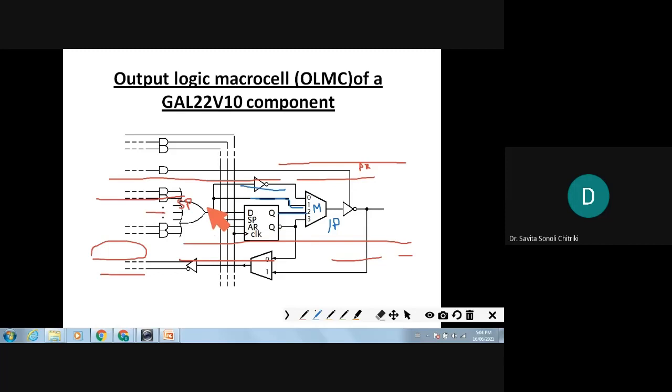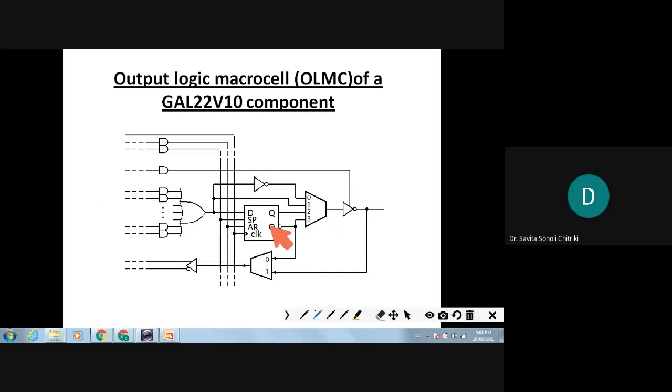Directly for this OR gate, there is no pin. It is not done like that. So the pin will be here, and at this pin output, you can get either inverted output, non-inverted output, or registered output. That is coming through a multiplexer here, right?